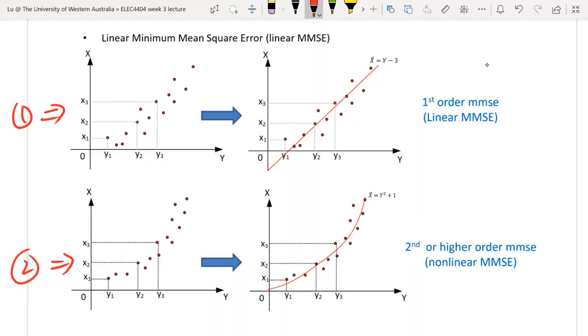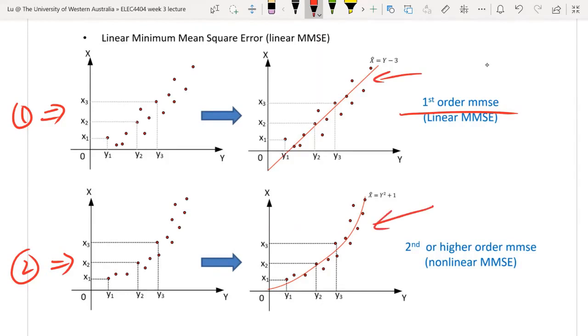But in the second example, you can see it's very hard to use a single line to represent the MMSE estimator. We'd like to use another curve to match the position of the dots. And based on the shape of the curve for the MMSE estimator, we can treat them as first order MMSE, the linear one, like a single line, or use curves to represent them.